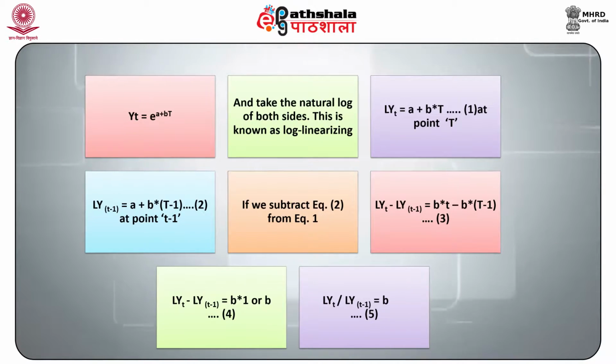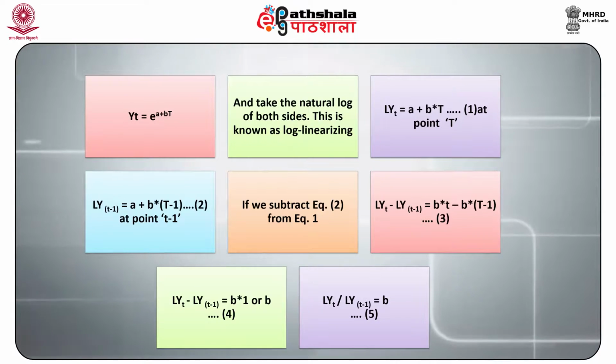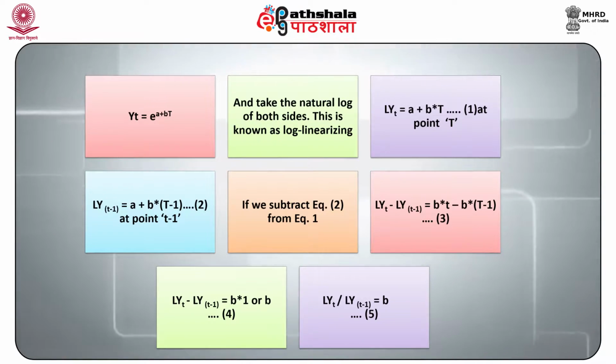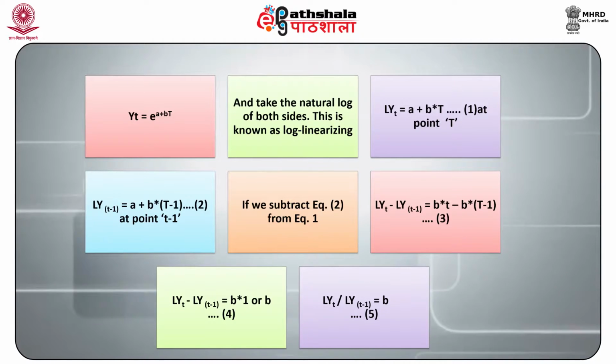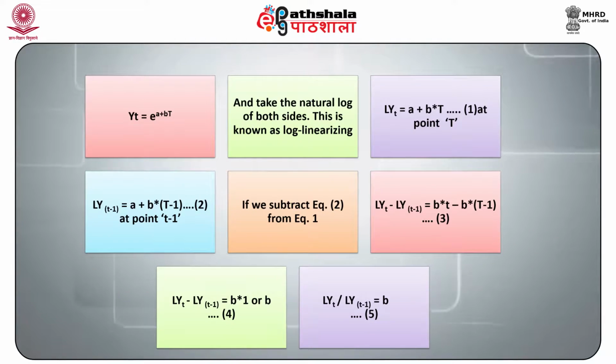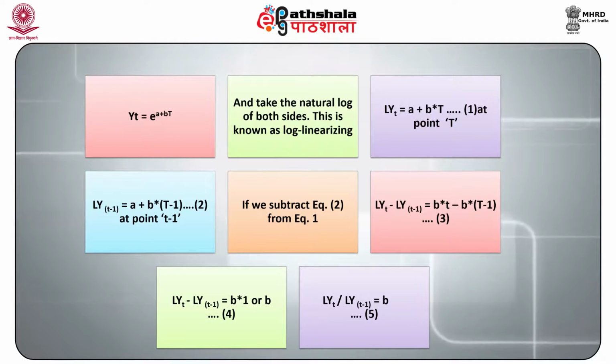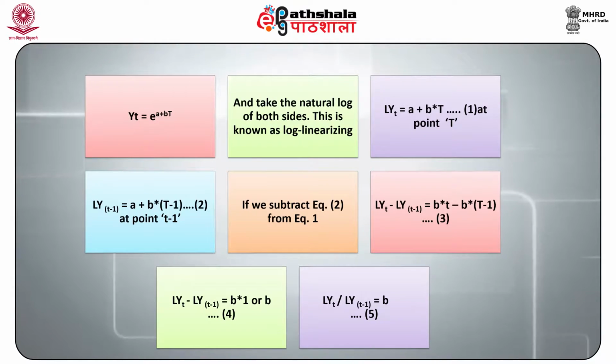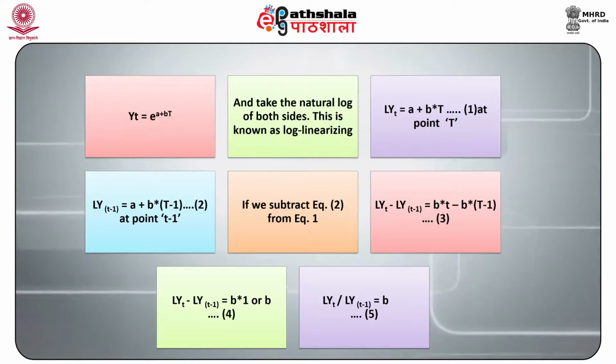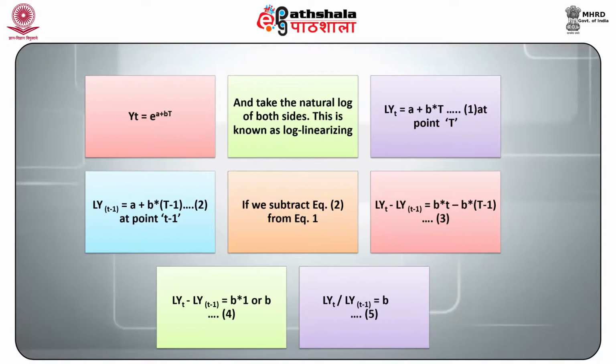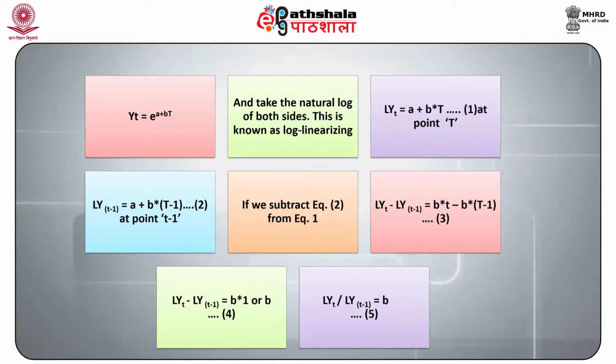So subtract equation 2, which is the value of y_(t-1), from the value of y_t, then you could notice that L y_t minus L y_(t-1) is equal to bt minus b(t-1), which is the same thing as b.